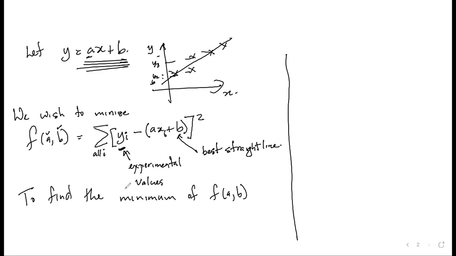Differentiate and equal to 0, find the minimum and the maximum. Okay, so, when the gradient equals 0. Right.